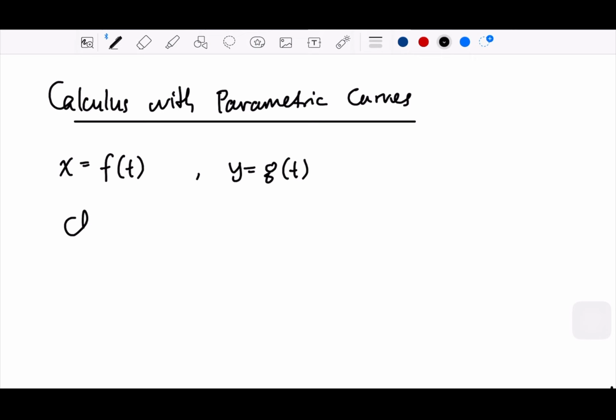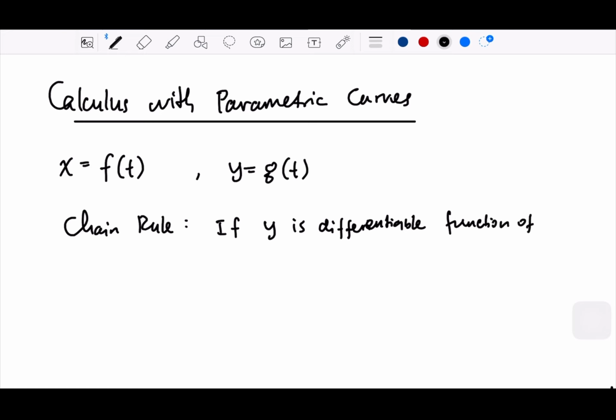So from the chain rule, if y is a differentiable function of x, which means y is f of x.